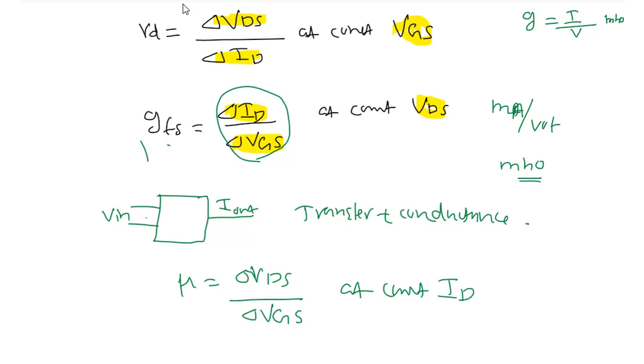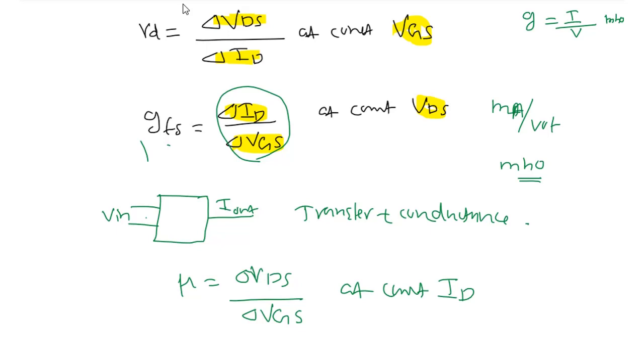So it is the ratio of the change in VDS to the change in VGS, or output voltage to input voltage. Always in amplification factor we take the gain of the amplifier as output by input. Similarly here we have defined mu as output by input, where the output is the output voltage delta VDS, and the input is delta VGS. So these are the parameters.